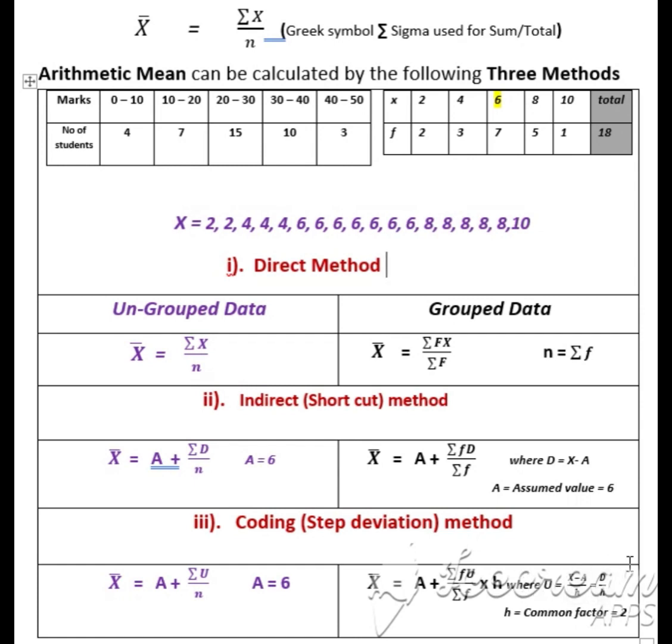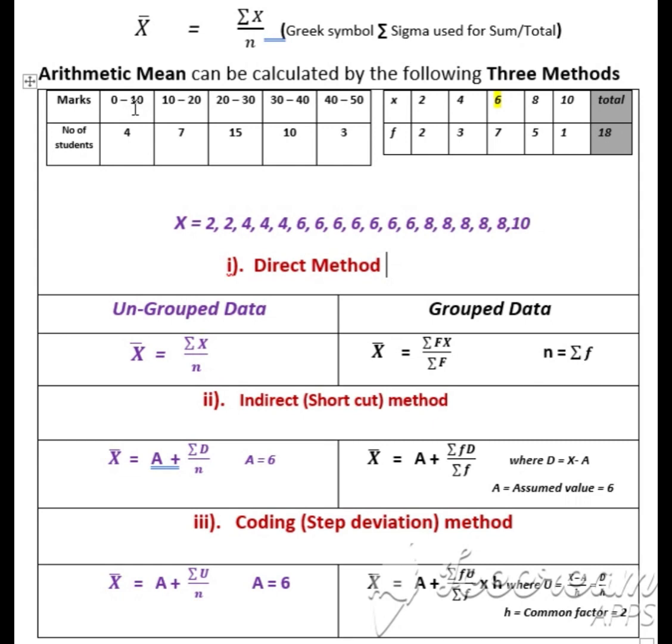So u is equal to d divided by h, meaning the difference divided by h. What is h? H is the common factor. What is the common factor between these numbers? 2 is common between each one. So this is 2, then 4, 6, 8, 10. With each number the difference is 2, so 2 is the common difference, called h.